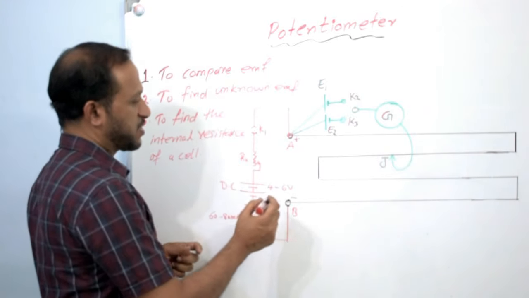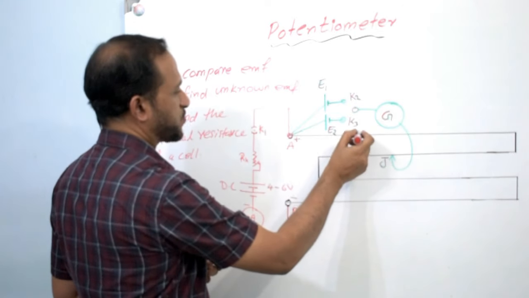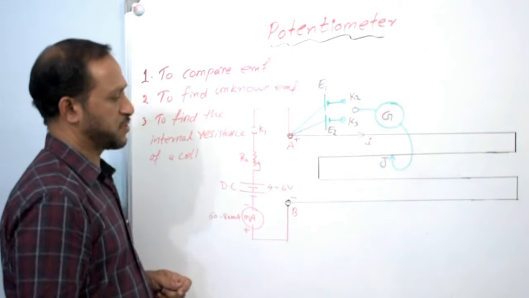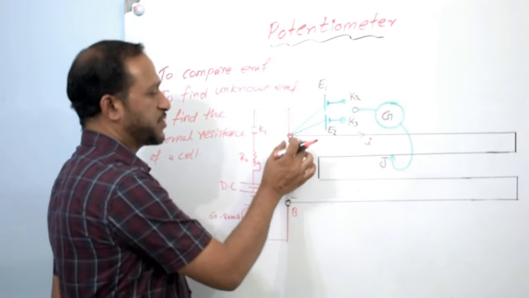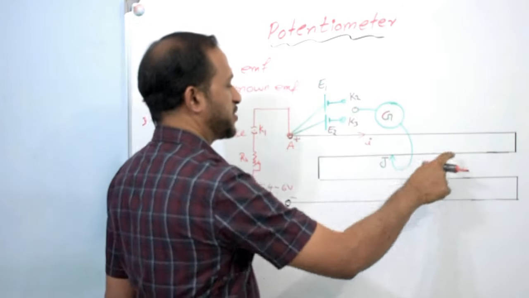So when we adjust like that, suppose a current is flowing through the circuit in this direction, a small I ampere current. And let small r be the resistance per unit length of this 10 meter long wire.